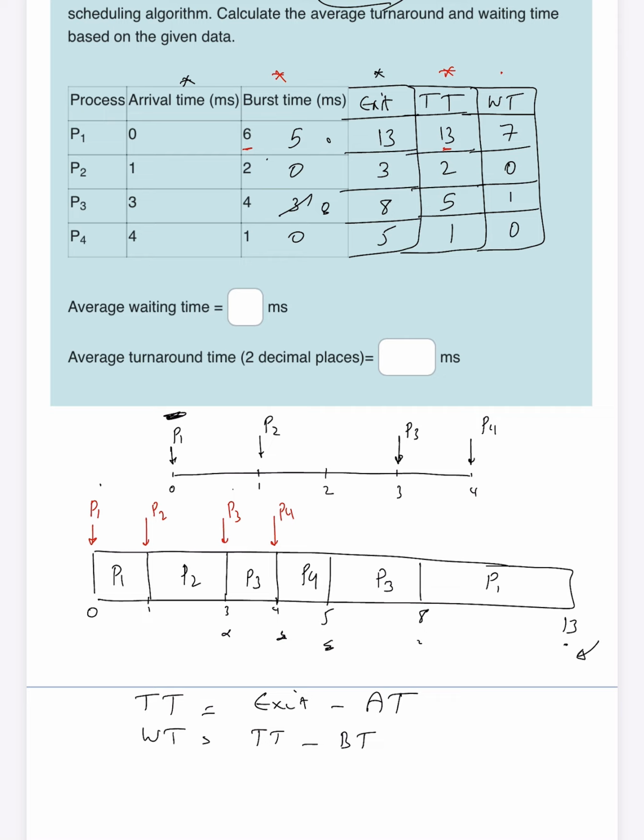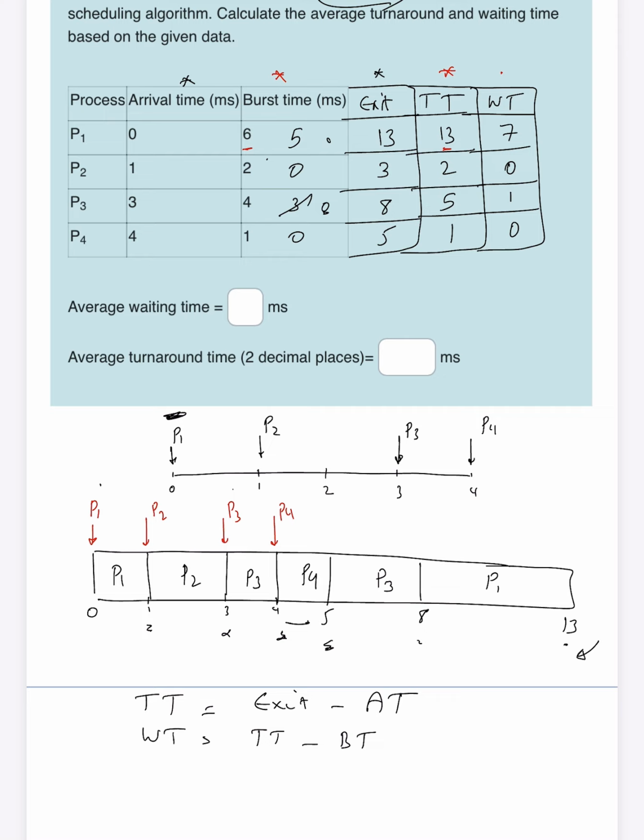It makes sense, because if you look at the Gantt chart, for example P2, as soon as it arrives, it gets CPU time, so the waiting time is 0. P3 should wait 1 millisecond, because 1 millisecond of that is given to P4.